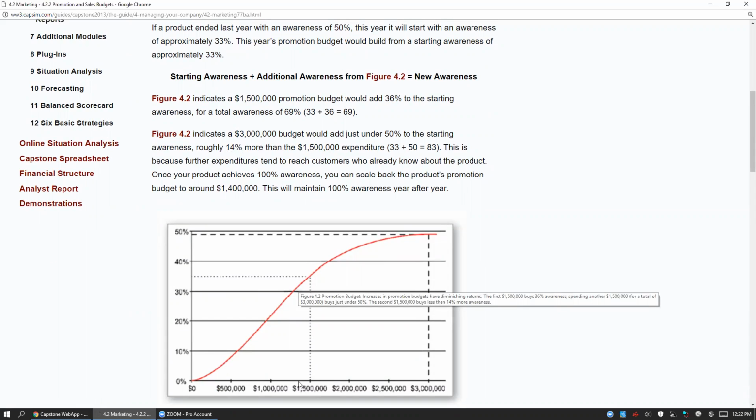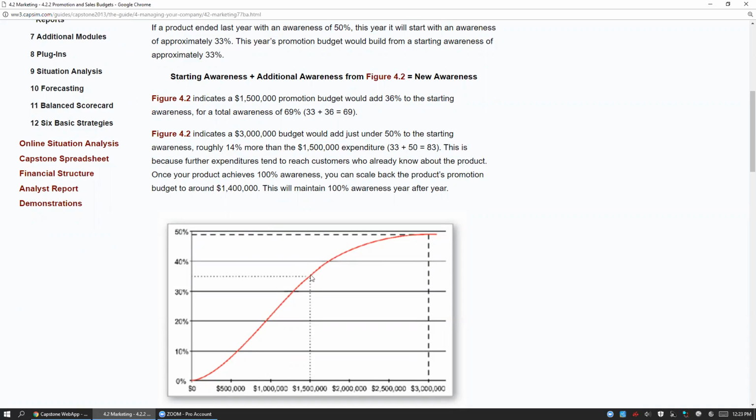And I didn't draw that line straight. After $1.5 million, you begin to experience diminishing marginal returns. That is, for every dollar spent after $1.5 million, you get a smaller return on that investment.